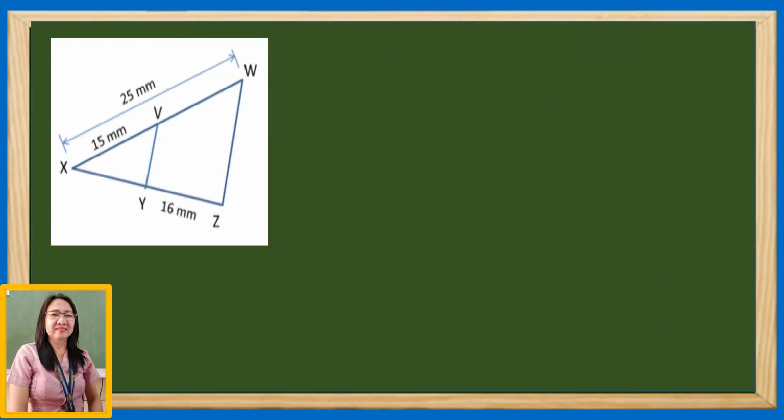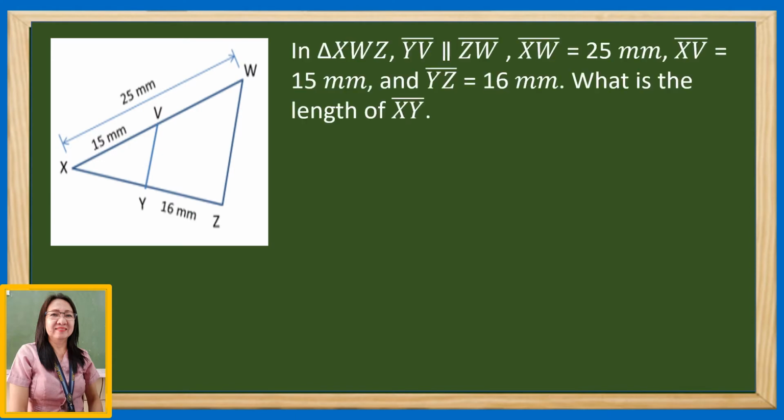Now let us have another example. This is our figure, and in triangle XWZ, YV is parallel to ZW, and XW is equal to 25 millimeters, XV is equal to 15 millimeters, and YZ is equal to 16 millimeters.